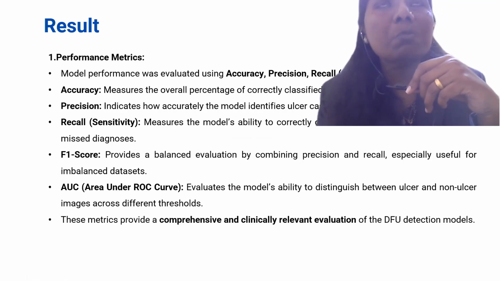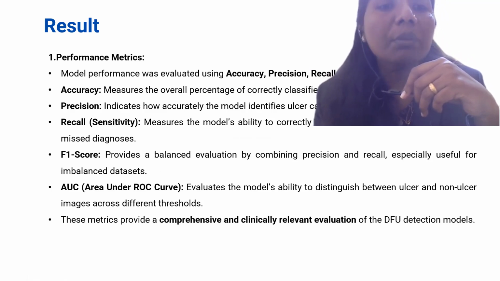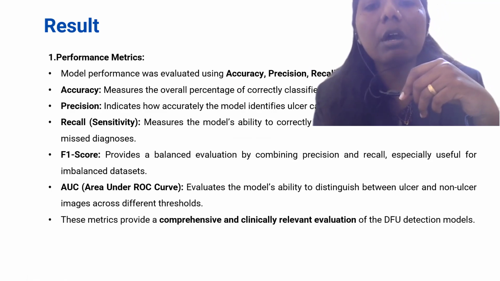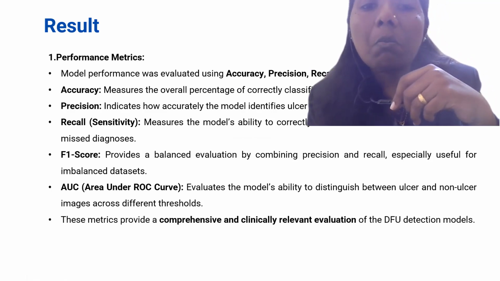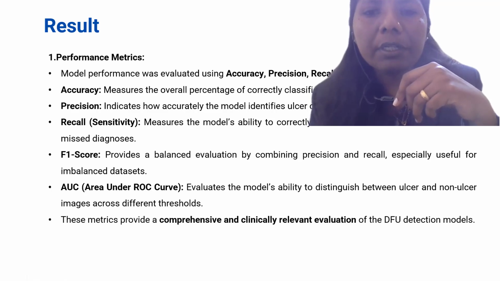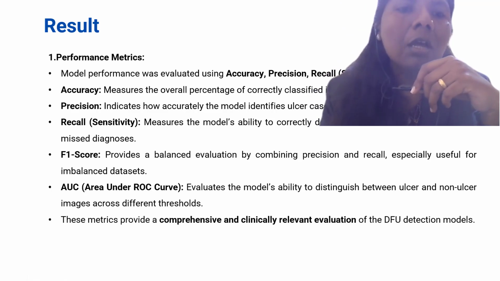For the results and performance metrics, we are using accuracy, precision, recall, the F1 score, and AUC to evaluate performance. Accuracy measures the overall percentage of correctly classified images. Precision indicates how accurately the model identifies ulcer cases while reducing false positives. Sensitivity or recall measures the model's ability to correctly detect actual ulcer cases and minimize missed diagnoses.